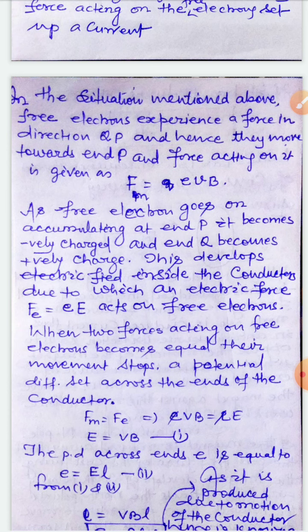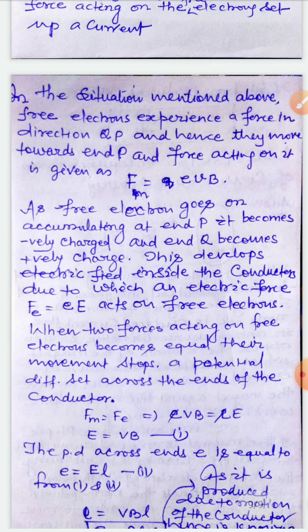So magnetic force is equal to electric force, then what will happen? eVB is equal to eE, so electric field is equal to velocity V into magnetic field B. Now if the potential difference across the ends of the conductor is represented by a small e, then we know that V is equal to Ed, so through that relation we can write EMF e is equal to electric field E into L, the length of the conductor.